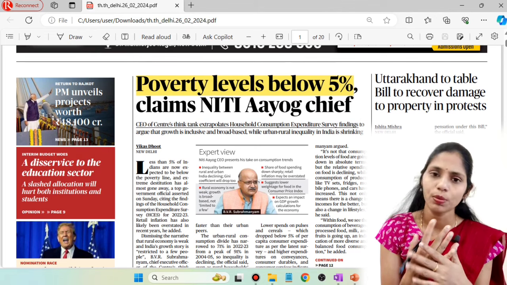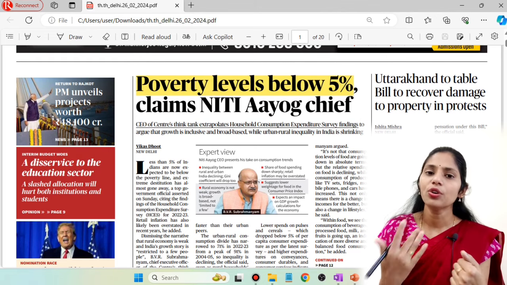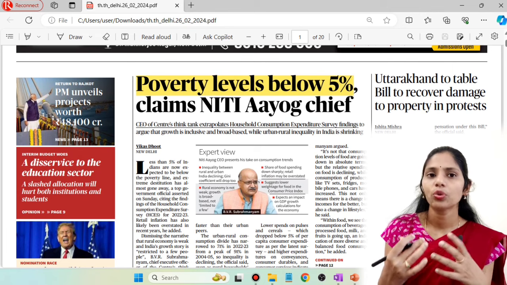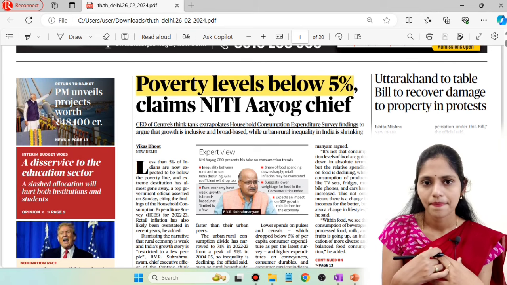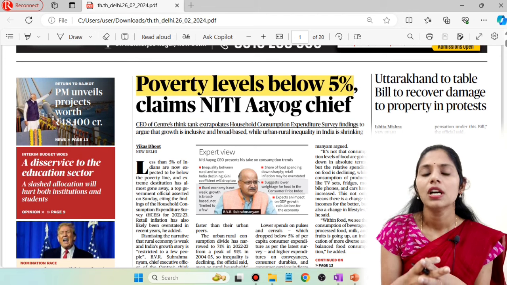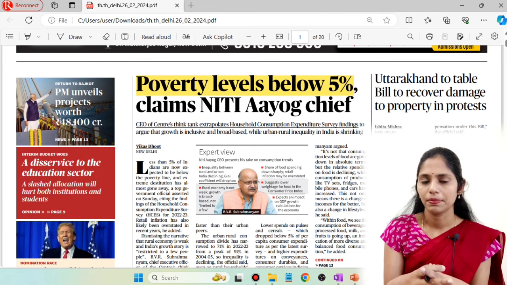And if you go through your previous questions, you will understand how the questions are asked in UPSC. These are the two important things to remember before reading your newspaper.